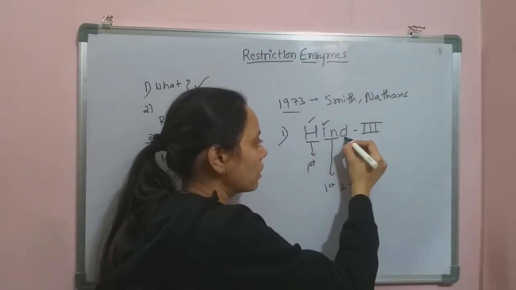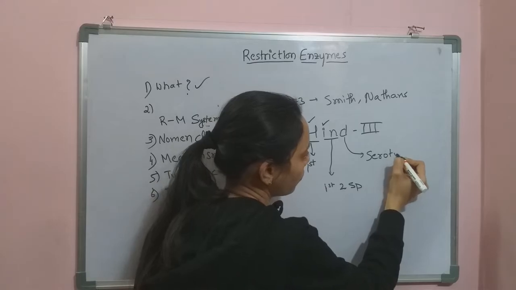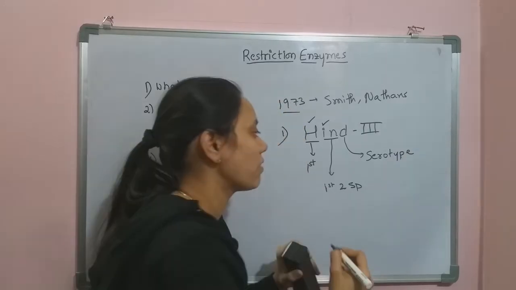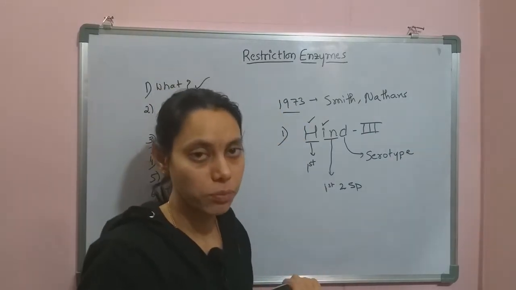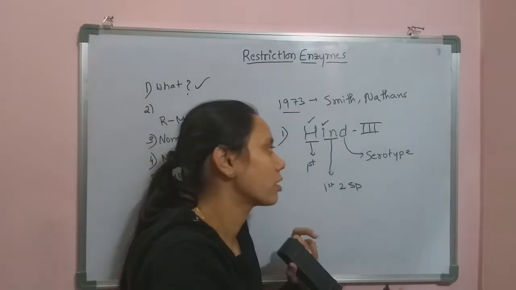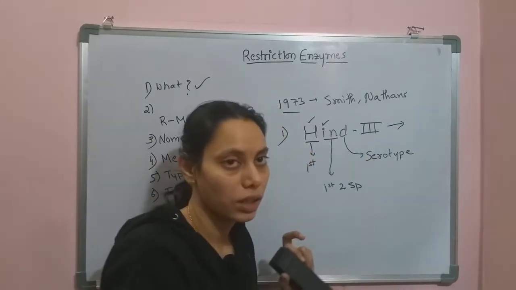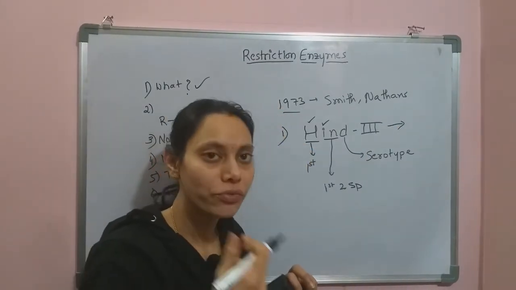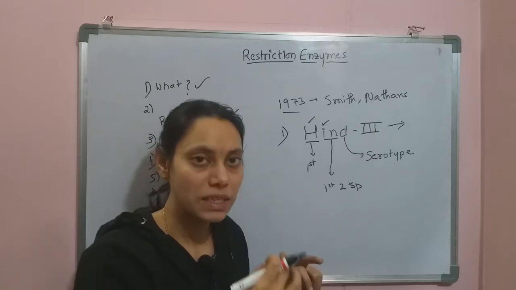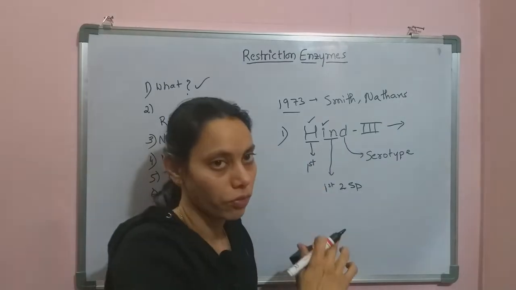D indicates the serotype, the variety or strain of the bacteria from which this enzyme was isolated. What is this Roman numeral III? It indicates the number of the restriction enzyme in sequence that was isolated from this particular strain of the bacteria.